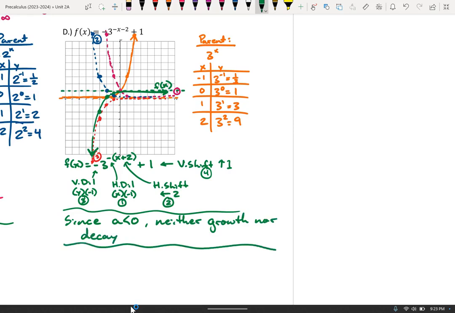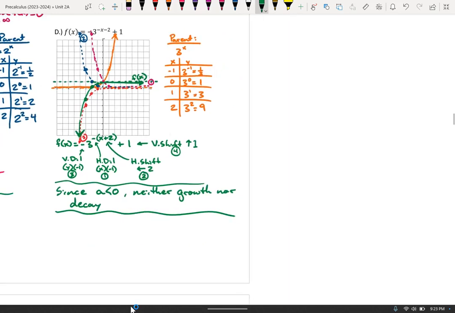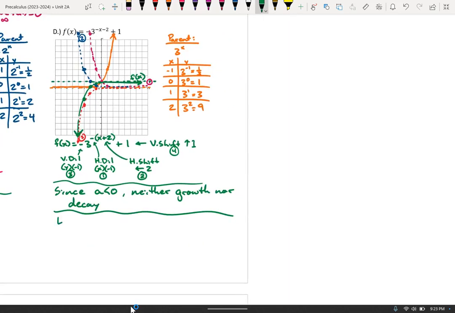All right. However, we can still do our end behavior. So let's go ahead and do end behavior. So on the left, the limit as x approaches -infinity of our function, to the left, that's shooting down to -infinity.